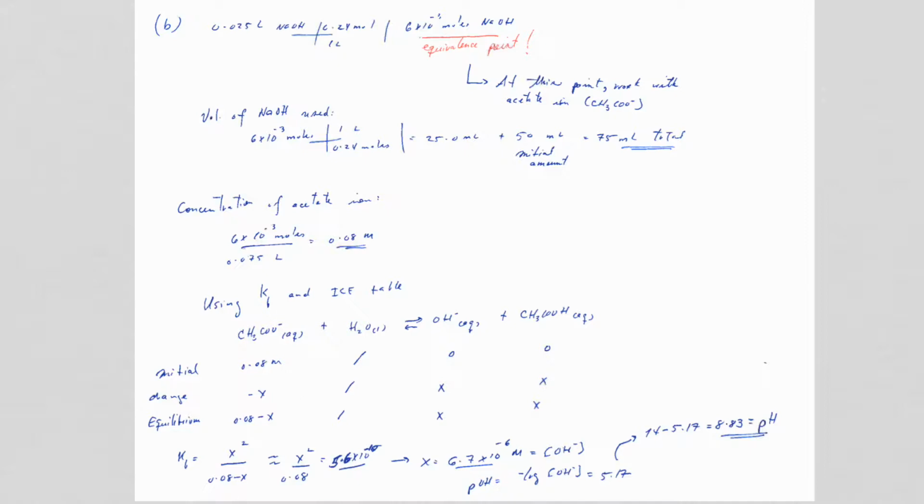I can now calculate my pH by remembering that pH plus pOH equals 14, or in other words, 14 minus my pOH equals my pH. And that's what it is right here at the very bottom. 14 minus that 5.17 gives me a pH of 8.83. And that's pretty much what happens at the equivalence point.